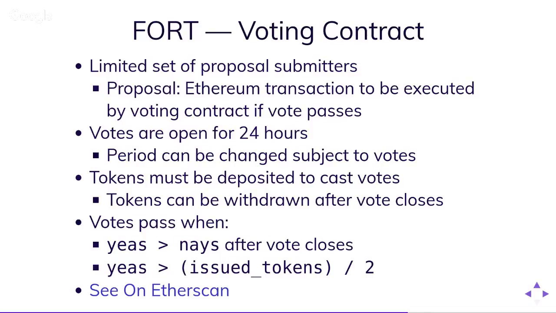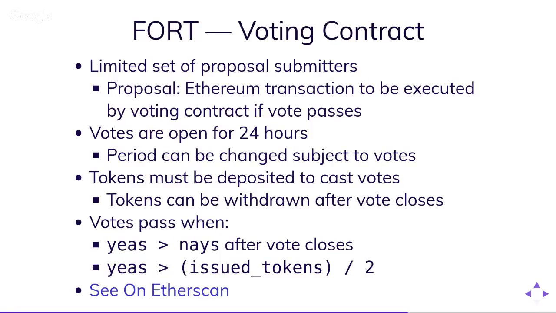However, in order for that amount of time to change, we have to have a complete vote, which will take 24 hours. So again, the only way to change the voting period is through a vote, which will take whatever the current voting period is.